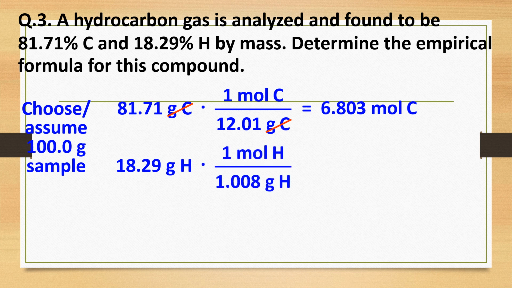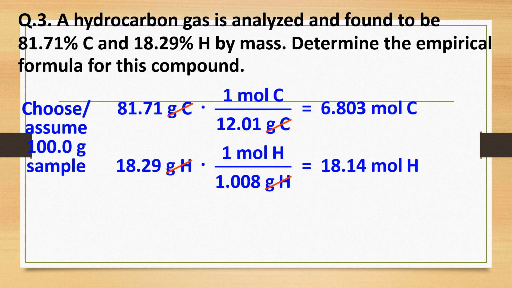So in this case, you're going to use 18.29 grams of hydrogen divided by the atomic weight of hydrogen, which is 1.008 grams. And this atomic weight is all given from a periodic table. You will have something along the lines of 18.14 moles of hydrogen.